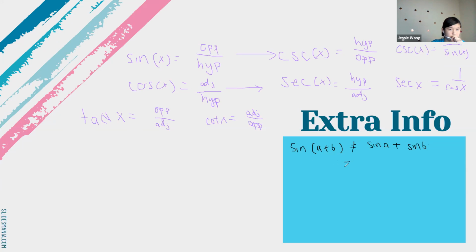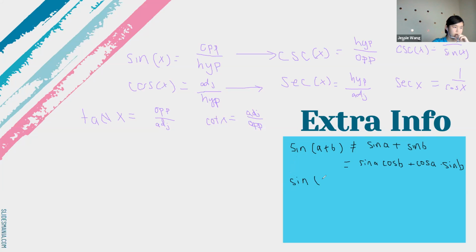This is actually equal to sine of A times cosine of B plus cosine of A times sine of B. The same can be said for subtraction.